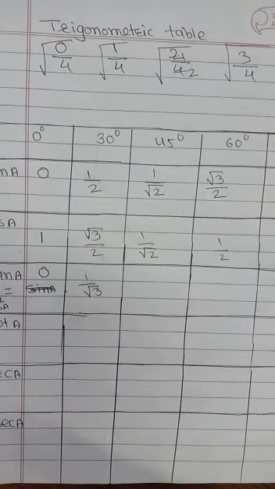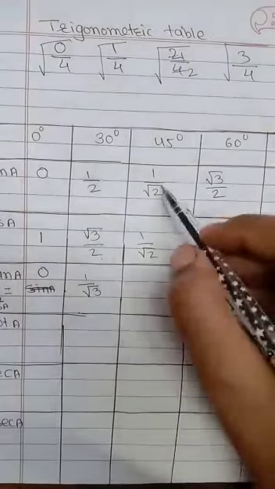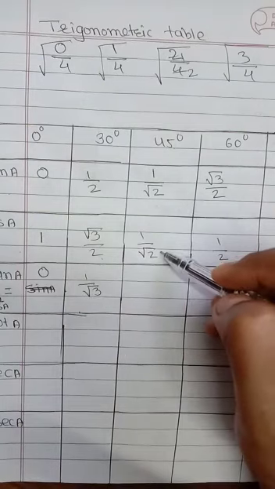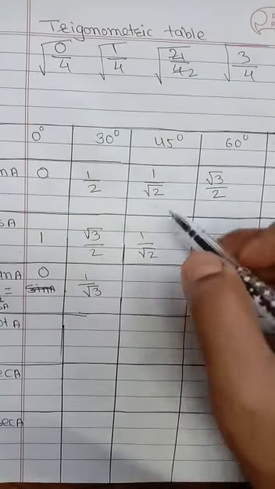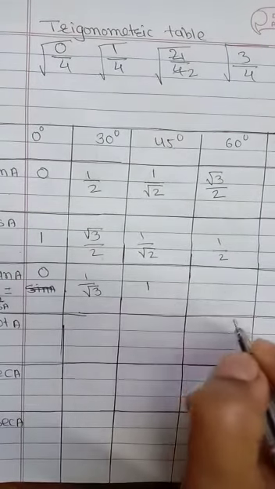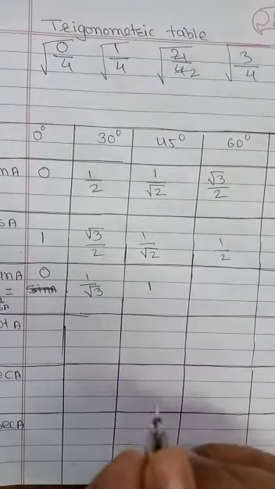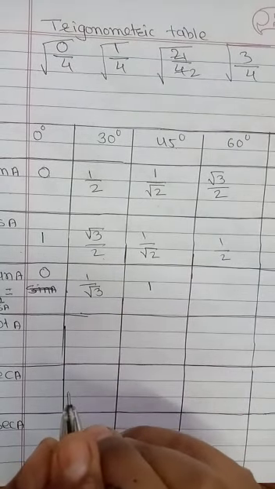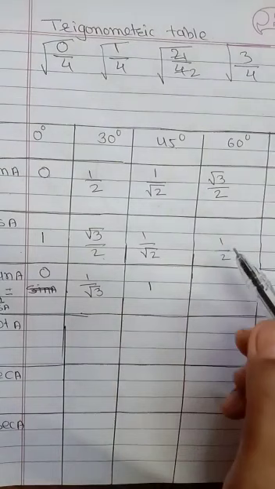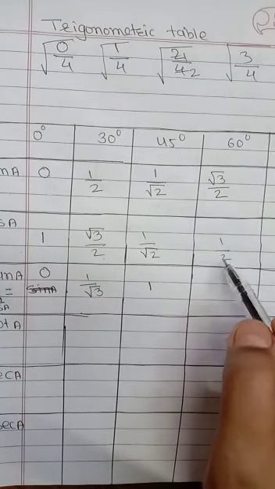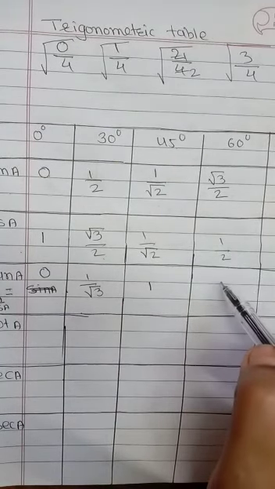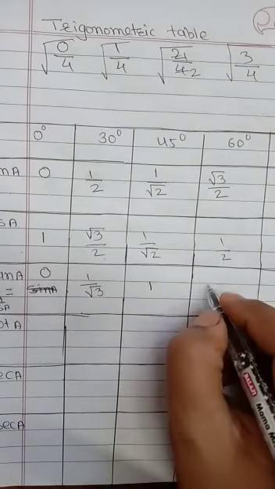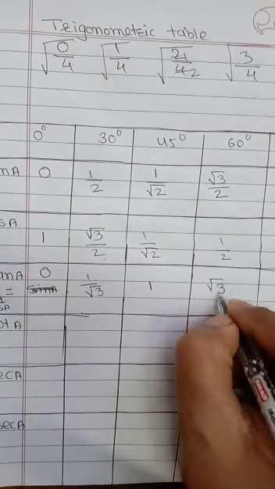Now similarly, how to calculate tan of 45 degree? It is sine of 45 divided by cos 45. As both values are the same, tan of 45 will be 1. Now similarly, find tan of 60 degree. Sine 60 divided by cos 60. Here the 2 and 2 get cancelled. We have under root of 3.